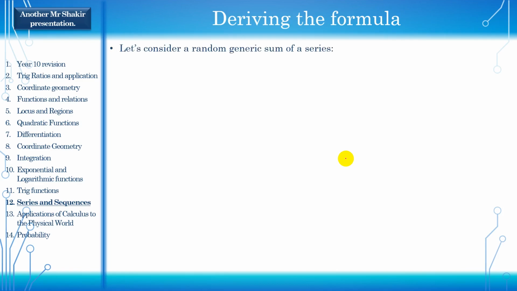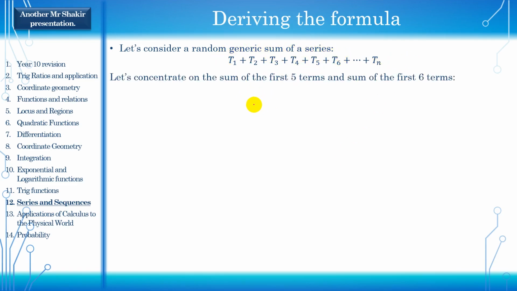Let's consider a random generic sum of a series. You have a random series, first term plus second term plus third term and so on till the last term. However, for the sake of keeping it simple, we're only going to focus on the first 6 terms. Sum of the first 5 terms, those ones, right?